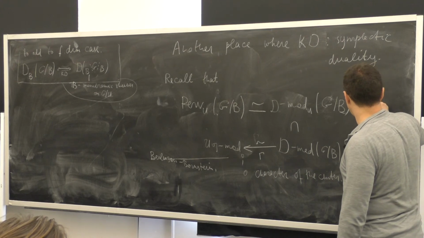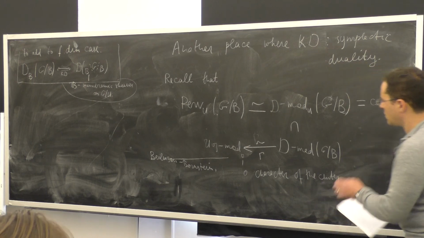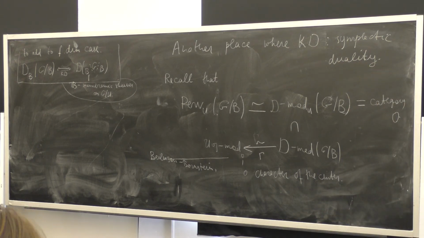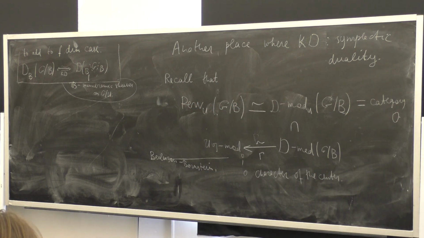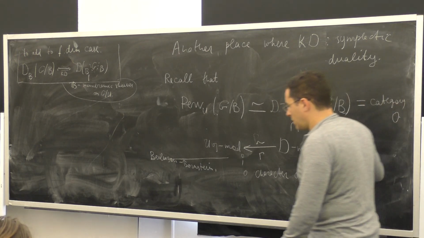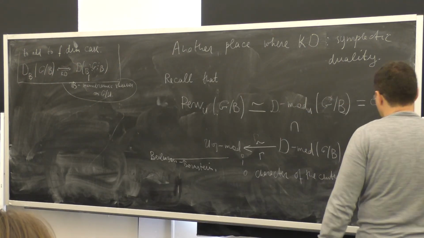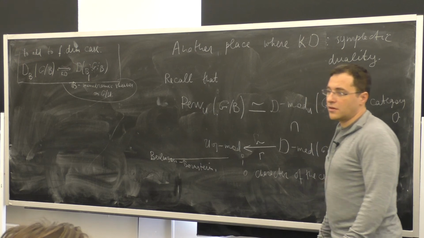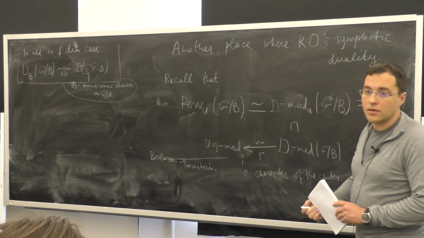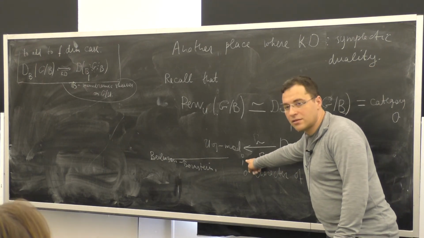So this is the so-called category O. These are modules where the Cartan acts with generalized integral eigenvalues, and the radical of the Borel acts integrably. So it's a category inside U0.